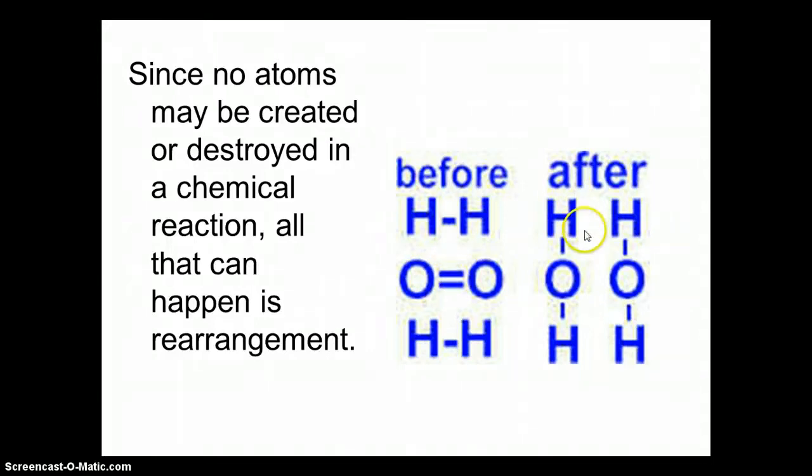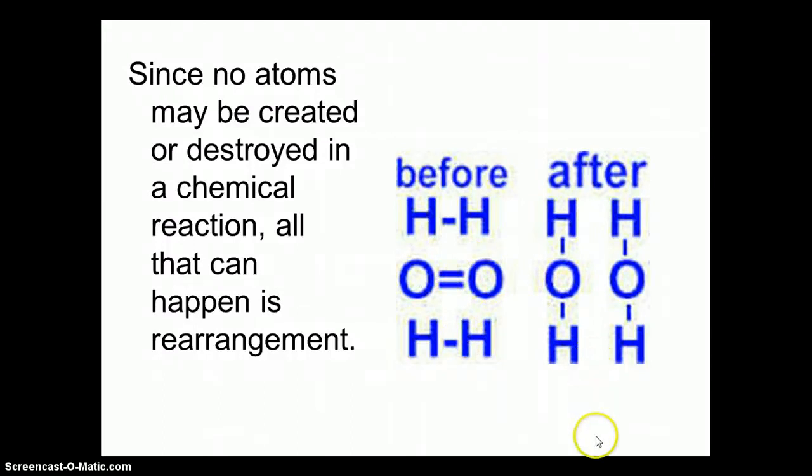So after the reaction, all of these bonds are broken and there's reattachment. So now there's a single bond between this hydrogen and oxygen and a single bond between this hydrogen and oxygen. Single bond between this hydrogen and oxygen, single bond between this hydrogen and oxygen. So this diagram is a real easy way to see that we didn't gain or lose any atoms.